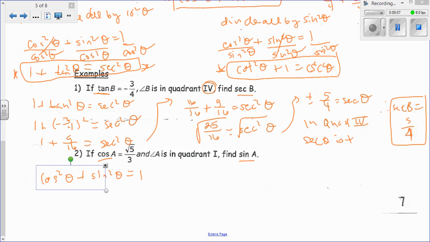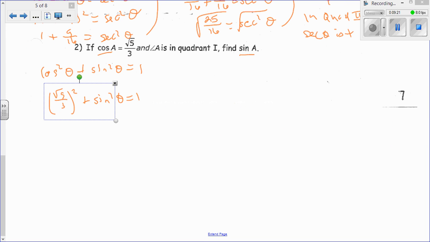Radical 5/3 goes in for cosine. So I have radical 5/3 squared plus sine squared theta equals 1. So then I get 5/9 plus sine squared theta equals 1.